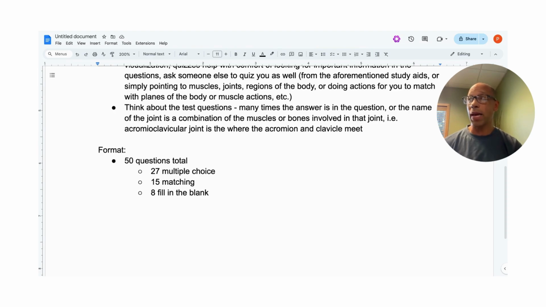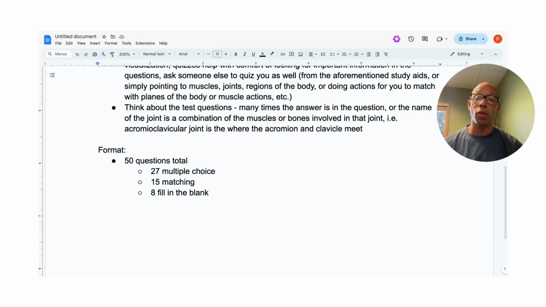There's 15 matching. With the matching, sometimes that recognition or visualization helps when you can visualize what something is asking. And then there are 8 fill in the blank as well, meaning basically they're open-ended questions to some extent, and they're always asking for that one right answer. So there's 8 of those.